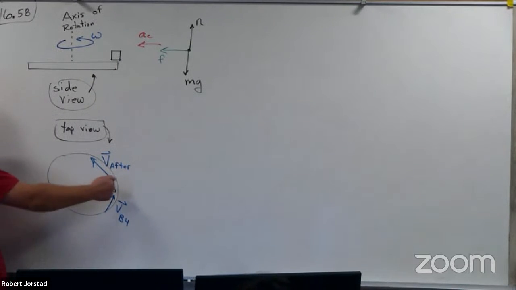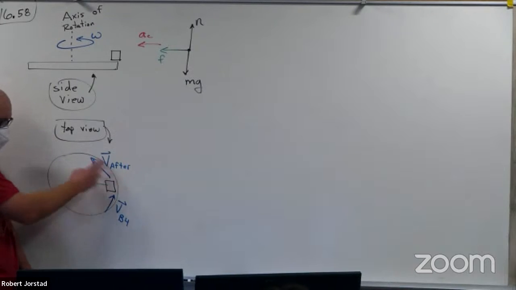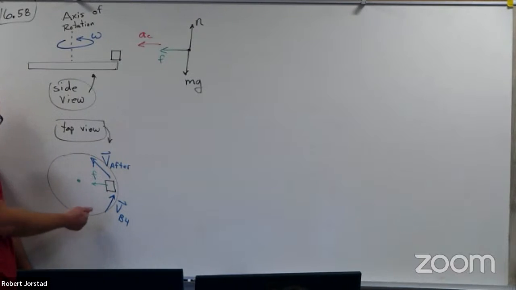You agree there had to be a force pushing towards the center? If there wasn't friction, this thing would just sit there doing nothing. The friction is required to change the direction of the velocity and keep it on the turntable.